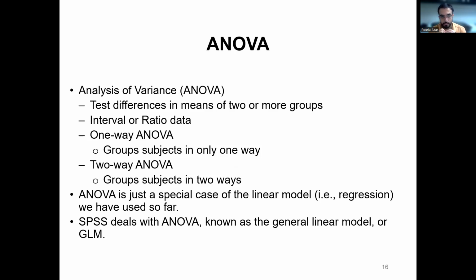In one-way ANOVA, we have grouped subjects in only one way instead of two ways. ANOVA is just a special case of the linear model. That's why SPSS deals with ANOVA as the general linear model, or GLM. And that is why this module's title is GLM1.